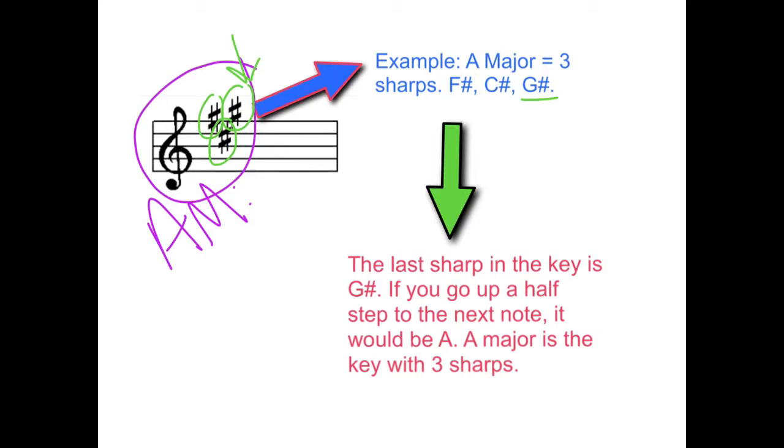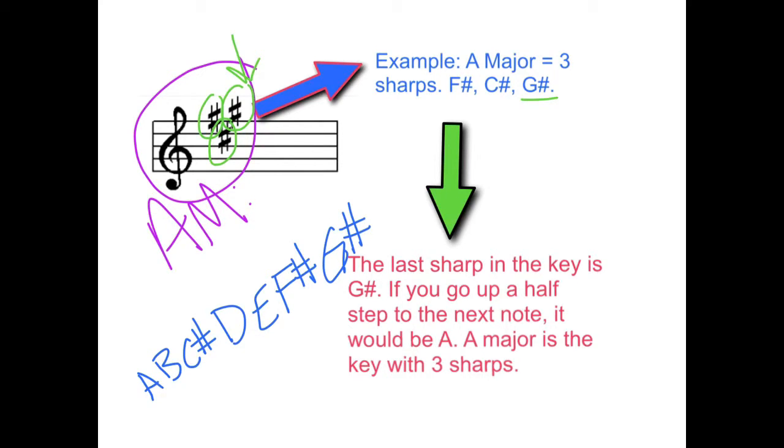If you go up a half step to the next note, I assume we all know our notes by now, but a refresher. So we have A, B, C sharp, D, E, F sharp, G sharp.